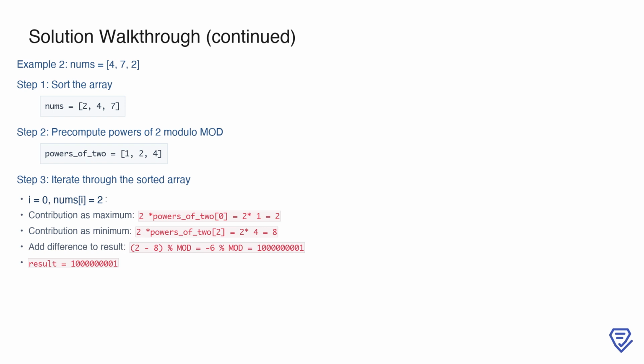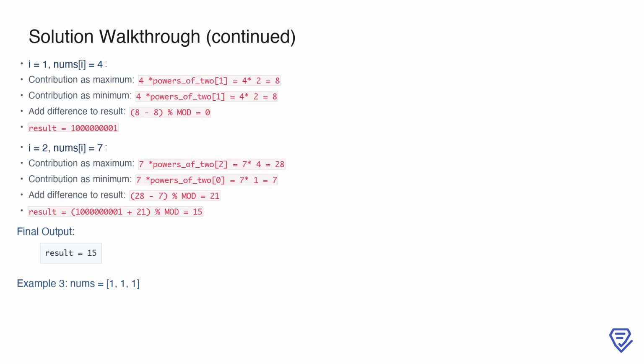to 1,000,000,001. This becomes our starting result for this example. For nums[1] equals 4, its contribution as the maximum is 8, and as the minimum, it is also 8. The difference, 8 - 8, is 0, so the result remains 1,000,000,001.